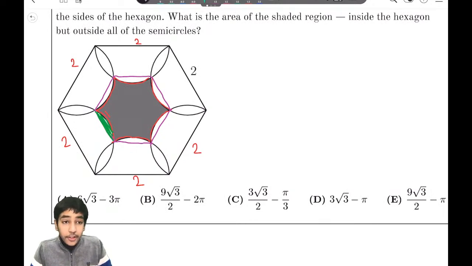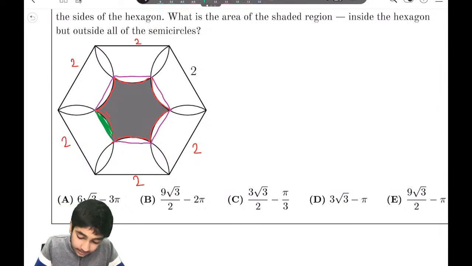So firstly, how do we find the side length of the hexagon? Do you have any ideas on that? Yeah, there's actually many ways to do this. There's not one way. There's actually many ways to find these areas. So firstly, how do you find the side length of the hexagon?